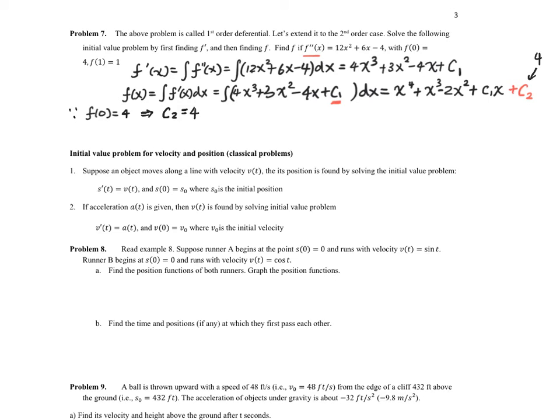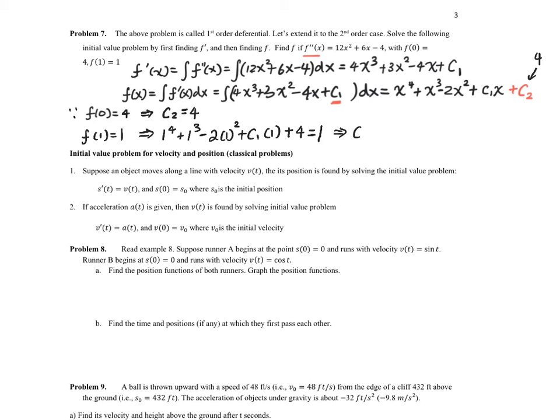And also f of 1 is 1. Now we're going to plug in the function that we just found: 1 to the fourth plus 1 to the third minus 2 times 1 squared plus c1 times 1. We do know c2 is 4, so I'm going to plug in 4 here, equals 1.